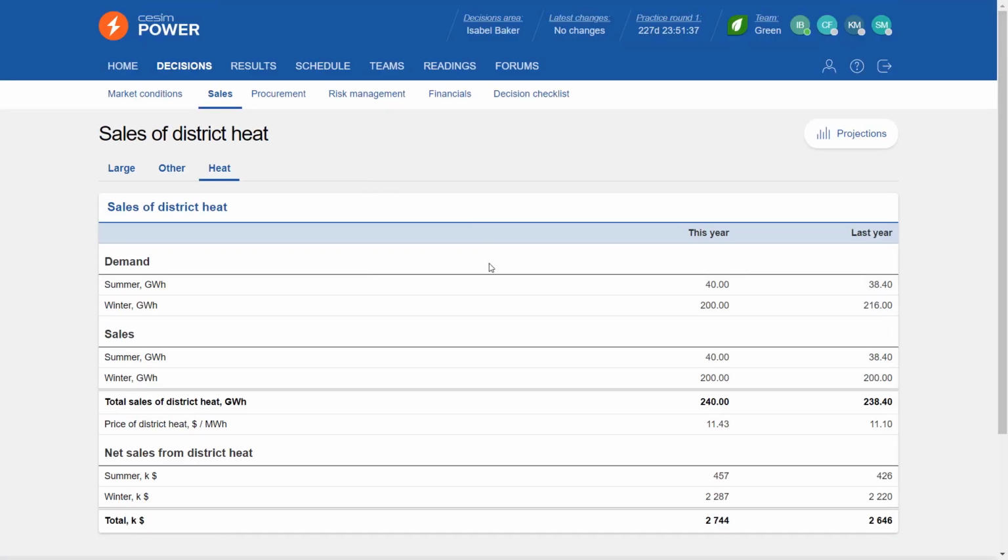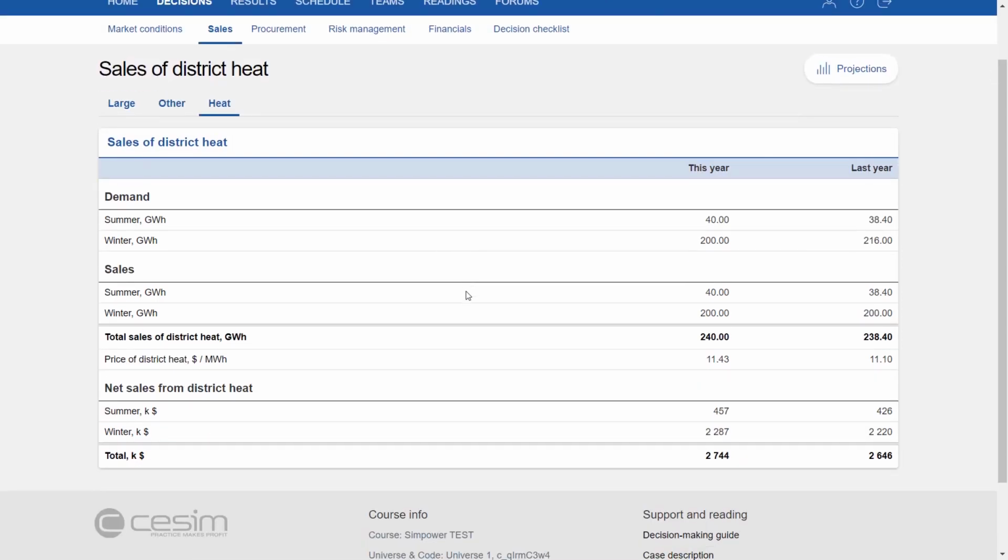Heat is an additional product that we can sell. Our production includes what we would call combined heat and power plants. While we are producing electricity, we also get heat in the same process, and this heat we can sell to the district, to our residential clients.